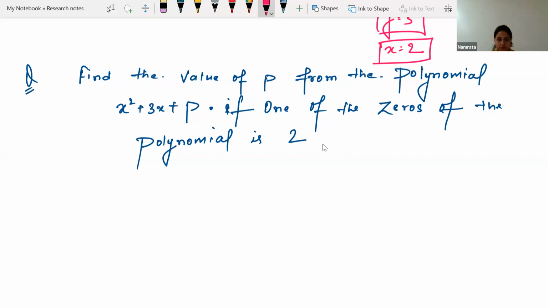This one is the complete question. Only one of the zeros is given over here, and we have to find the value of p from the polynomial. Okay, try it, think about it, and let me know.